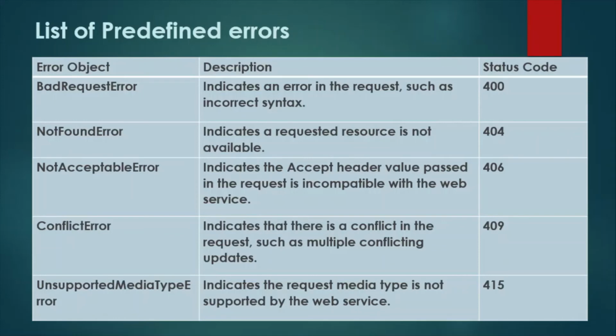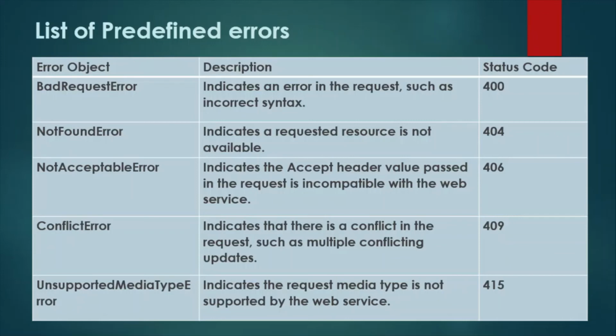Next is NotAcceptableError. It indicates the Accept header value passed in the request is incompatible with the web service. That is indicated by status code 406. ConflictError indicates that there is a conflict in the request, such as multiple conflicting updates. That is indicated by the 409 status code.